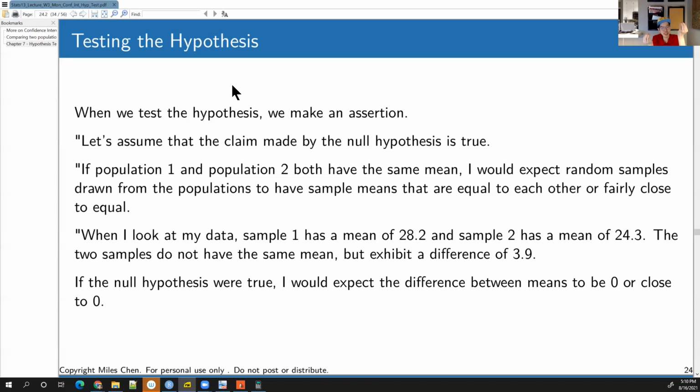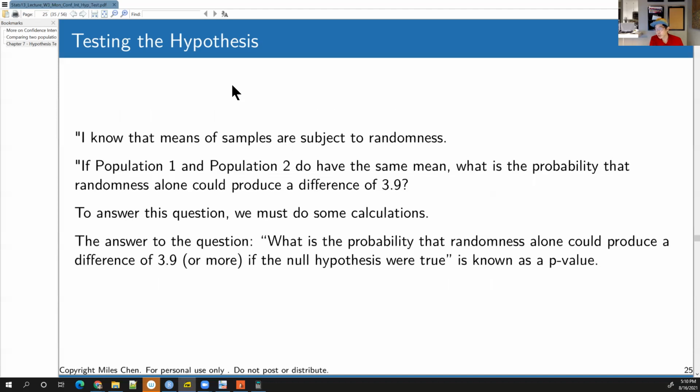Could this happen if the null hypothesis were true? If the null hypothesis were true in this hypothetical scenario, the difference between the means should be 0, but I'm getting a difference of 3.9. Is that possible? And if it's possible, what's the probability that we get this result of 3.9?